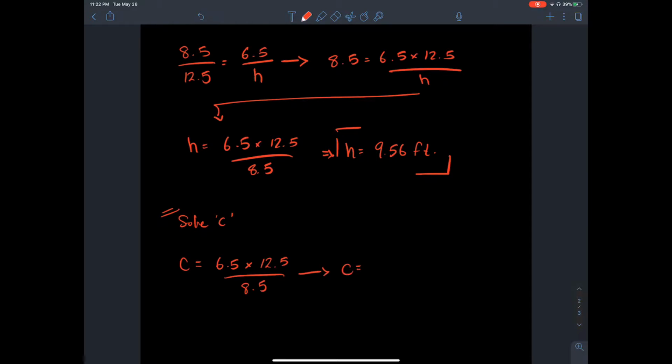C equals, and we can figure this out, 6.5 times 12.5 divided by 8.5. We get 9.5.